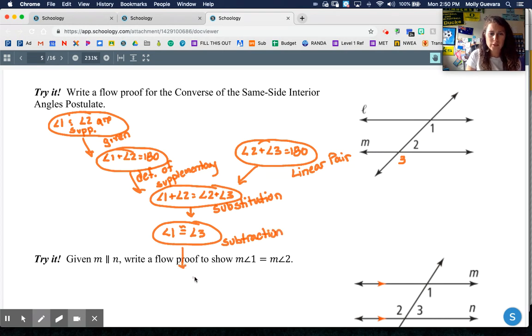I have to draw my last one here. Okay. Now, if angle 1 and angle 3 are the same, they're corresponding. So if corresponding angles are the same, then these lines are parallel. So I can say that L is parallel to M by the converse of corresponding angles.